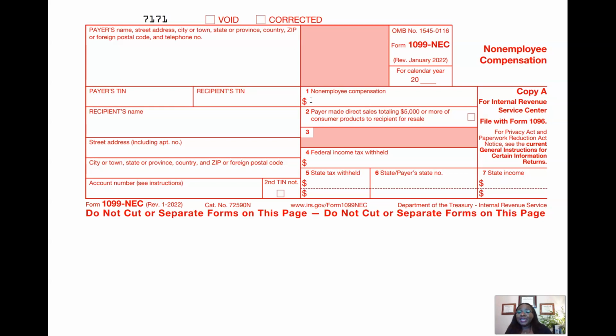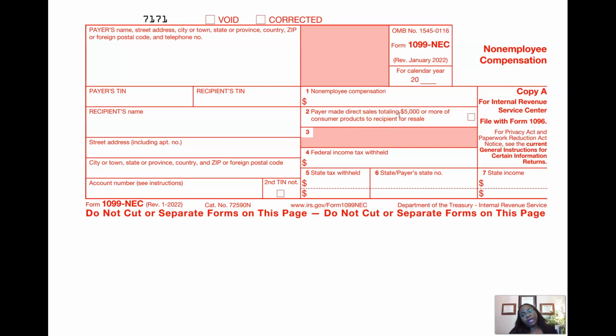You give them a project, a timeline, and an amount, and they do the work and that's it, okay? So however much you pay them, 10,000, whatever, that's what you would put in non-employee compensation, box number 1.